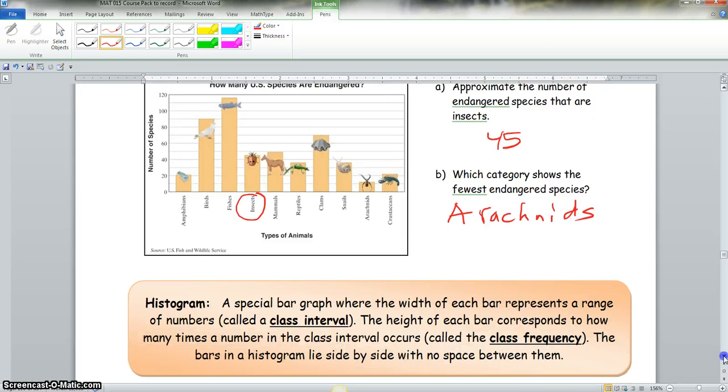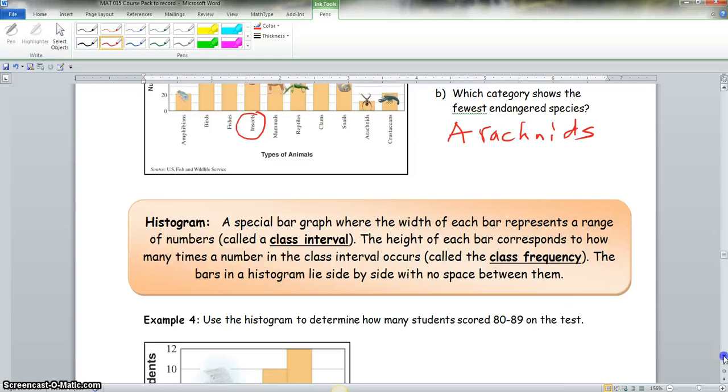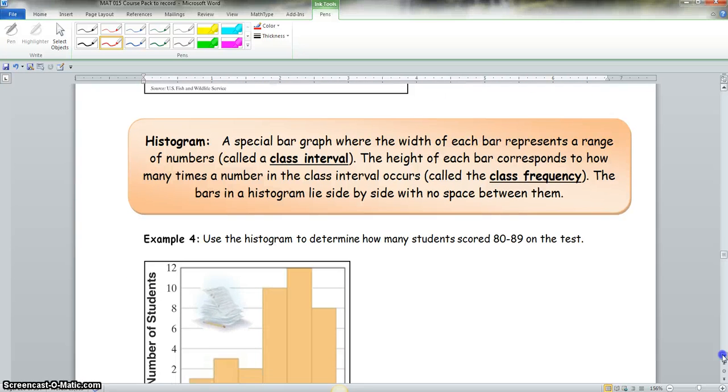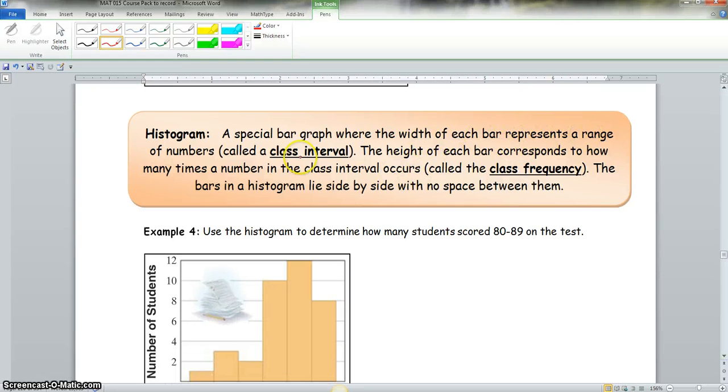Okay, now, it says here the histogram. A special bar graph where the width of each bar represents a range of numbers called a class interval. The height of each bar corresponds to how many times the number in the class interval occurs, called the class frequency. The bars in the histogram lie side by side with no space between them. It looks almost like a bar graph.